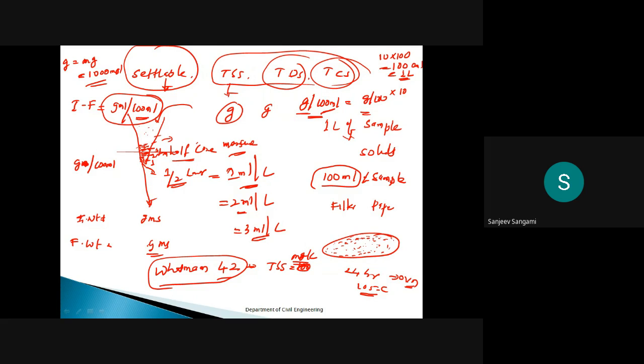So then the next thing is, after filtration, this is the filter paper you took. Some of the solids are settled, and some of the solids will escape through this filter paper. Those solids which escape through this filter paper are the total dissolved solids.